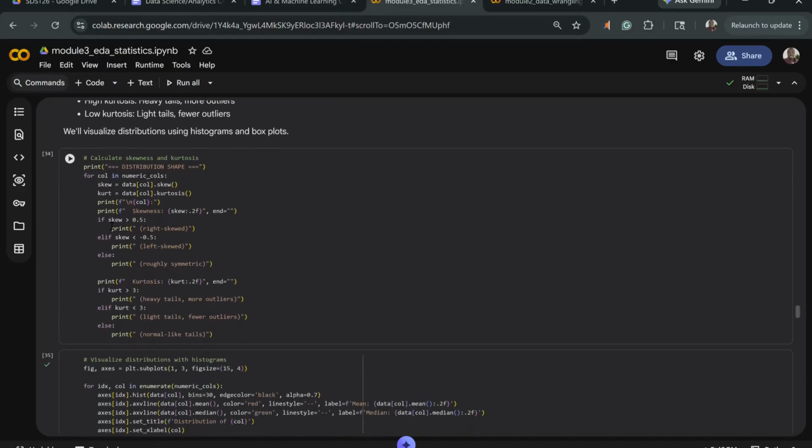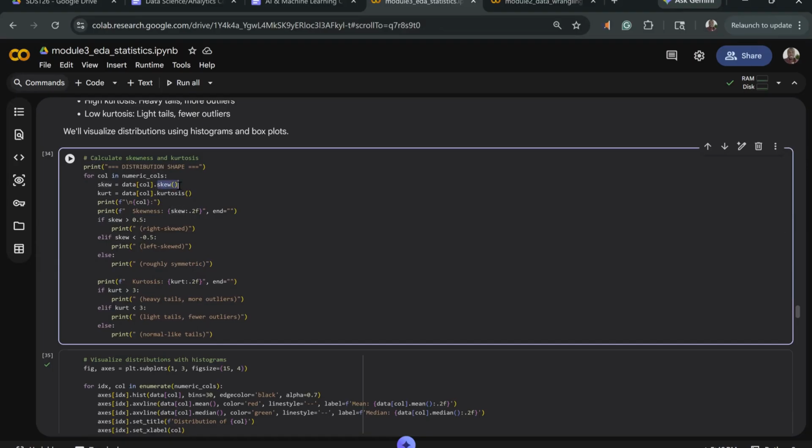How do we check for skewness? We just call .skew() on our data column, on the variable. For kurtosis, we call .kurtosis(), and it gives us the value. We have a threshold.